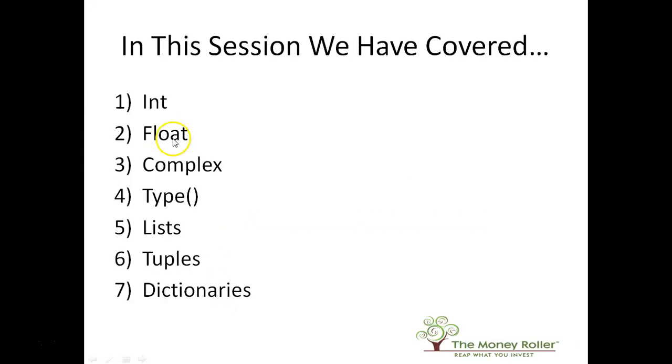There are three basic data types that we need to know: int, float and complex, right? Then there is a type method which actually specifies what type the variable is. Then there are lists, tuples and dictionaries. We have discussed very introductory basic details about lists, tuples and dictionaries. We will discuss them in detail in our upcoming sessions.